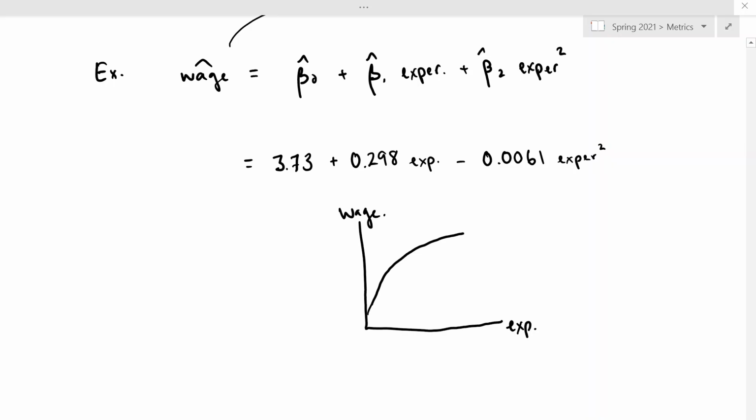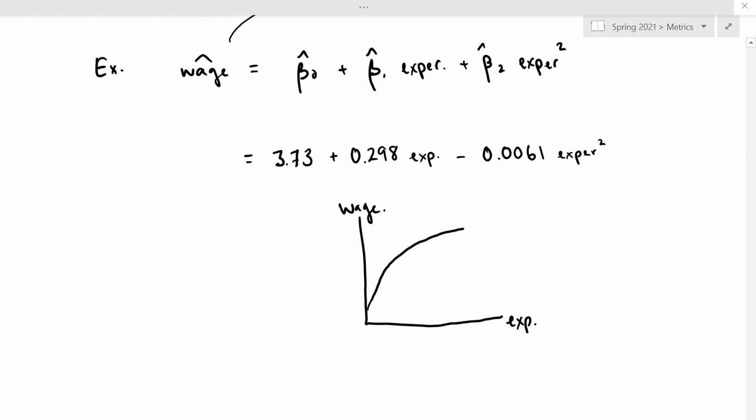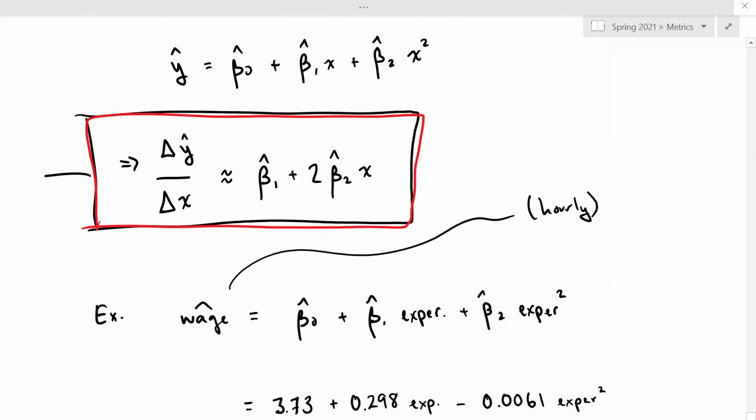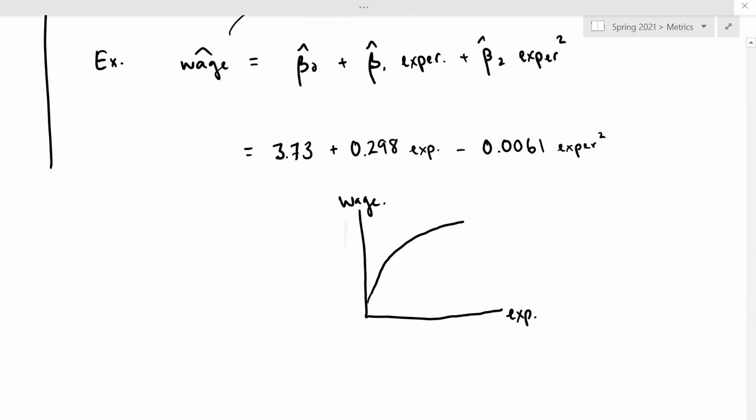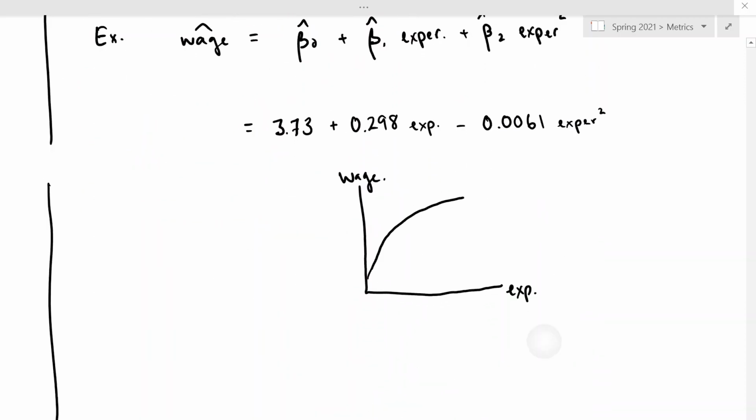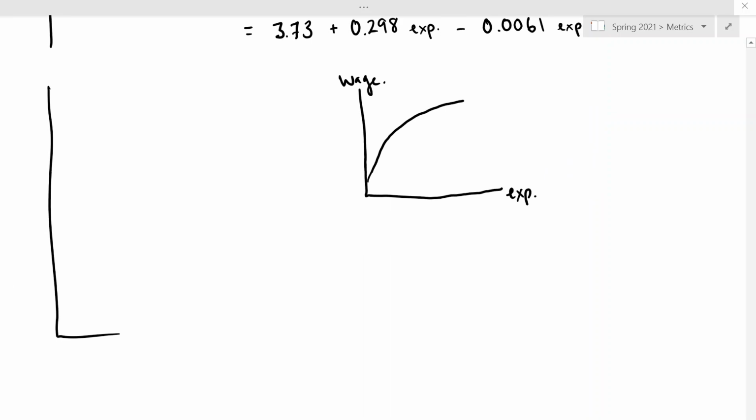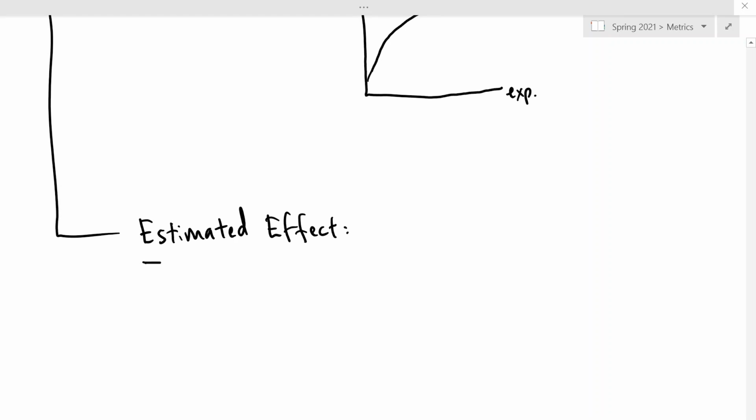Okay. All right. So the estimated effect, coming back to this formula here, is as follows.